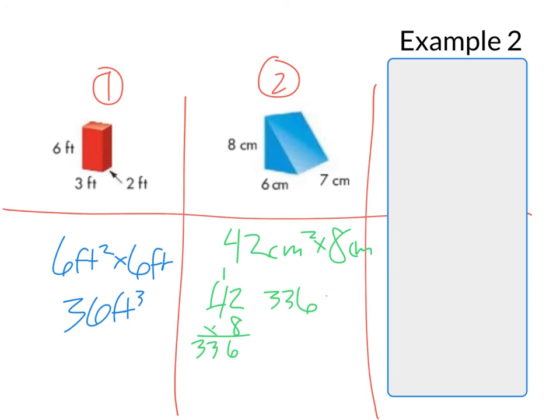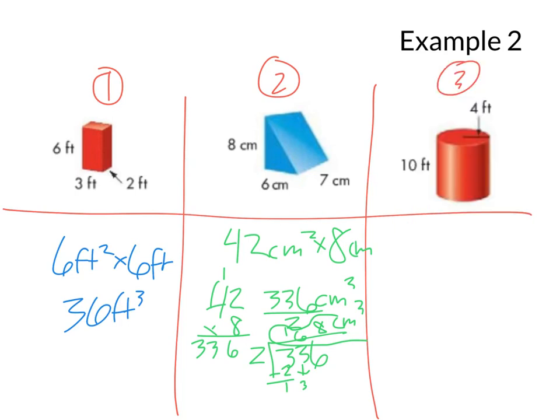And I would think I have my answer, except this is a triangular prism, so I need to divide it by 2. So we're going to get 168 centimeters cubed.